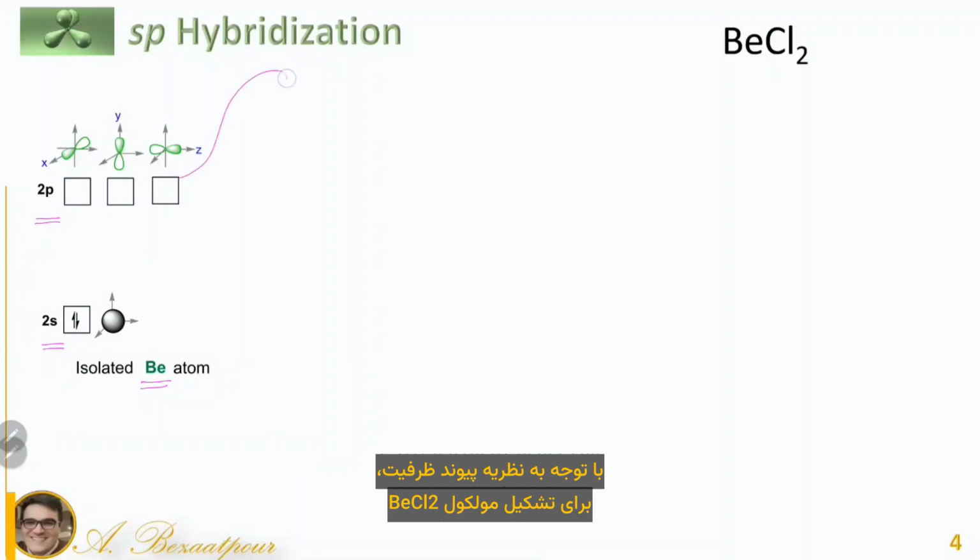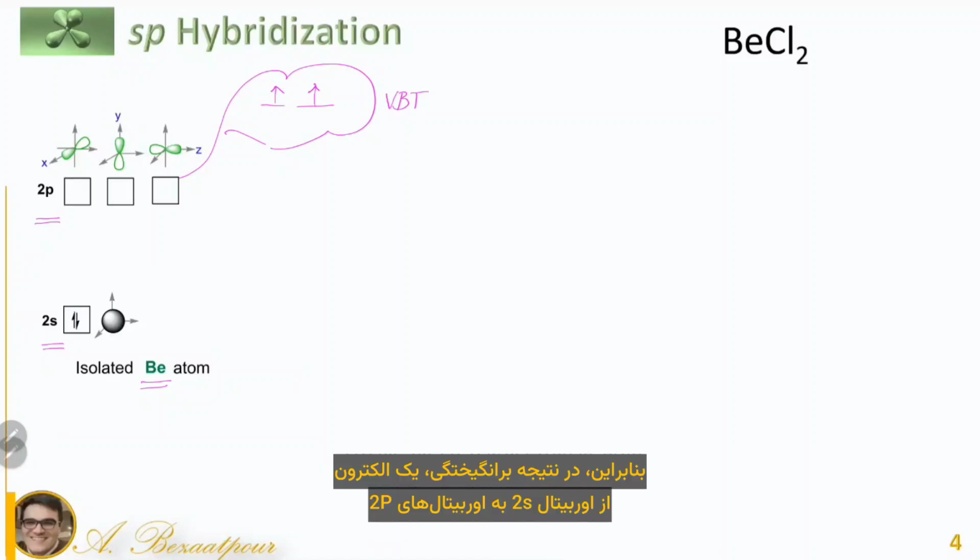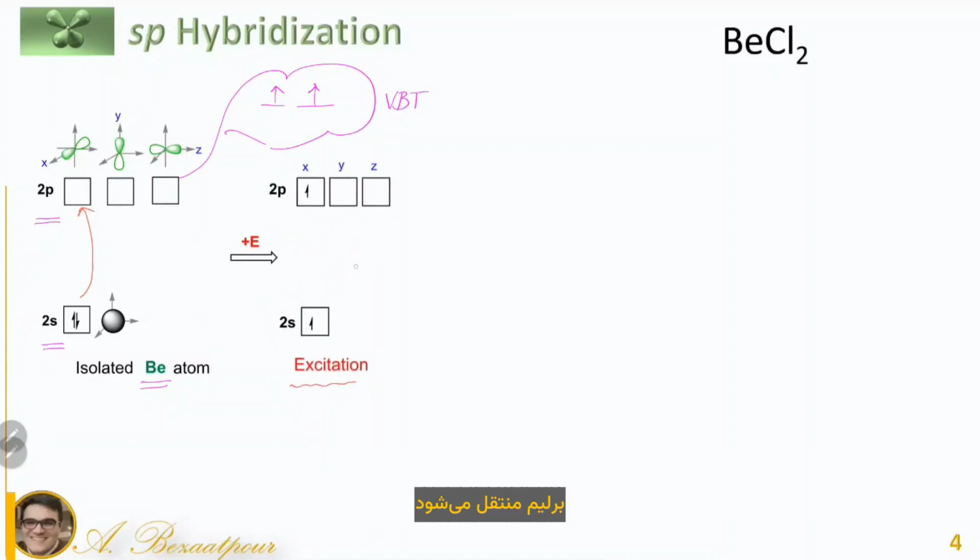Regarding the valence bond theory, to form the BeCl2 molecule, we need 2 orbitals with a single electron of the central atom. Therefore, as a result of excitation, an electron is transferred from 2s orbital to the 2p orbitals of beryllium.